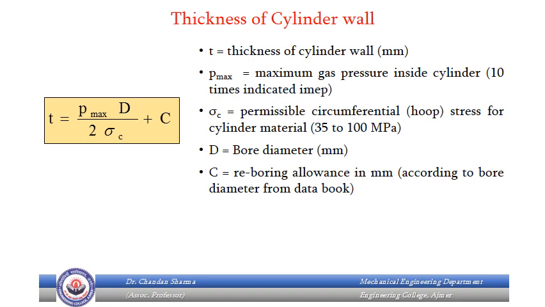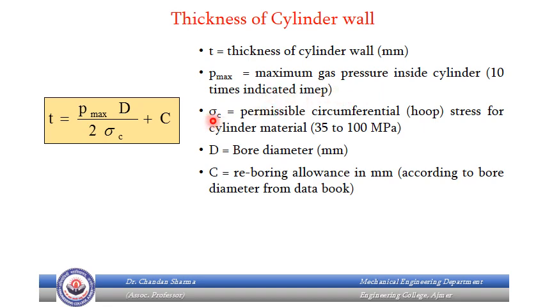So we usually modify the formula for design of thin cylinder to make it applicable for designing cylinders of an IC engine. The formula is T = P max D over 2 sigma C plus C, where T is thickness of cylinder wall which is required to be found, in millimeters. P max is maximum gas pressure inside cylinder, that is 10 times IMEP.